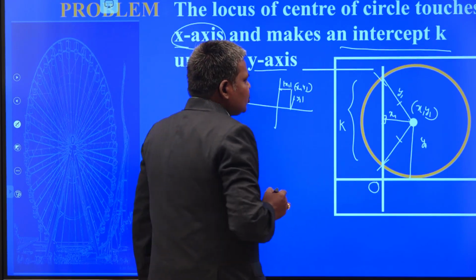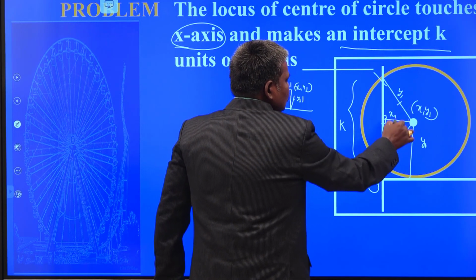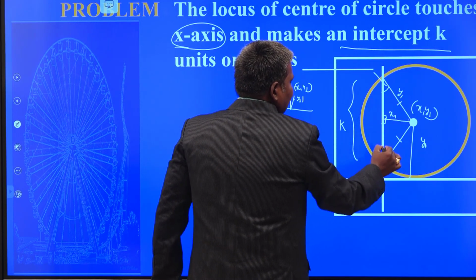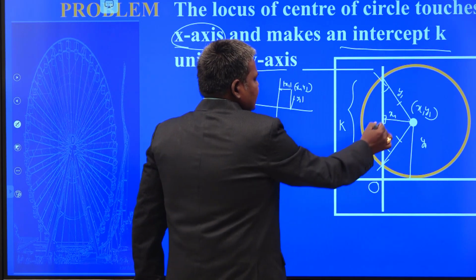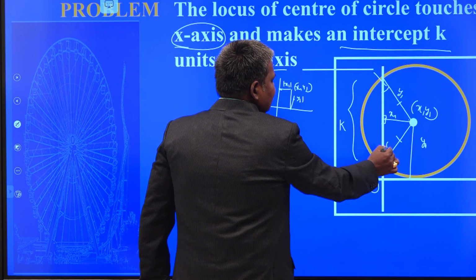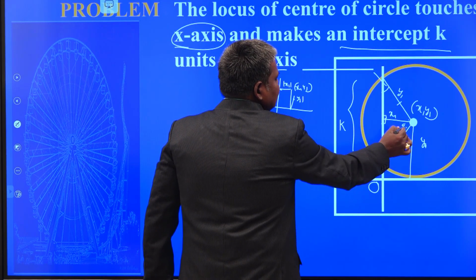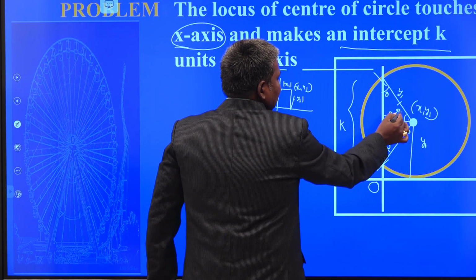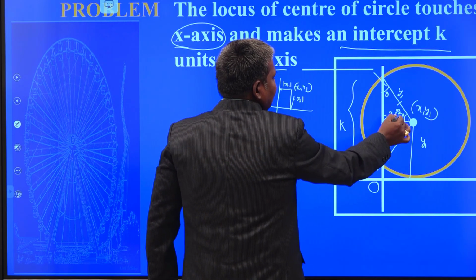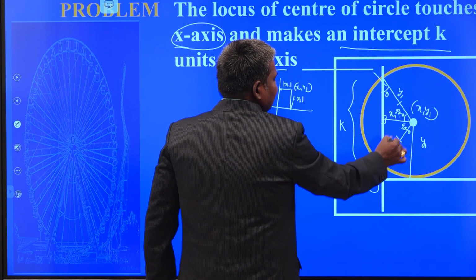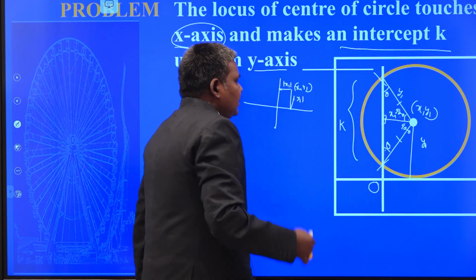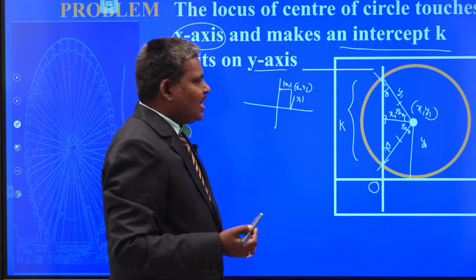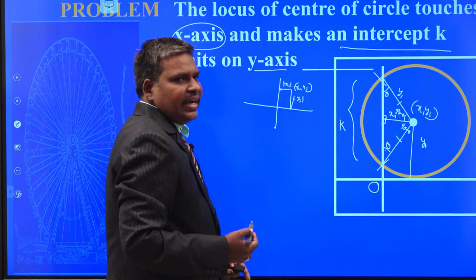Why are these two congruent triangles? These two sides are equal, and their corresponding angles are also equal. This is 90, this is angle theta, so immediately this is 90 minus theta. Similarly, this is theta, this is 90 minus theta. So 90, 90 minus theta, theta, 90, theta, 90 minus theta. By the AAA property, these two are congruent triangles.